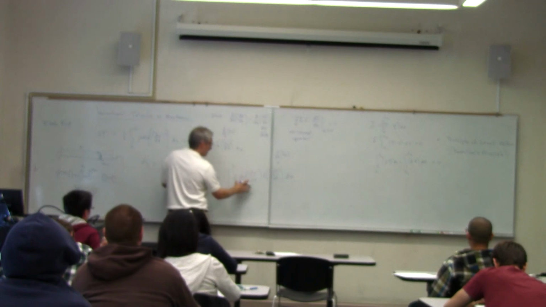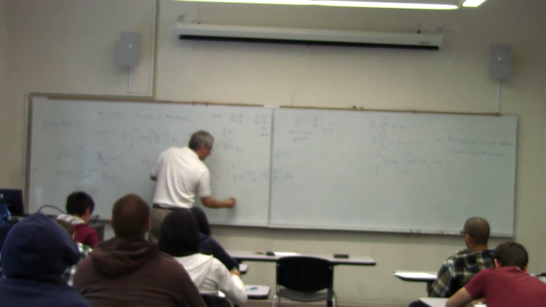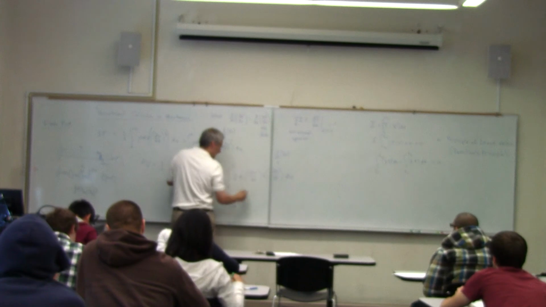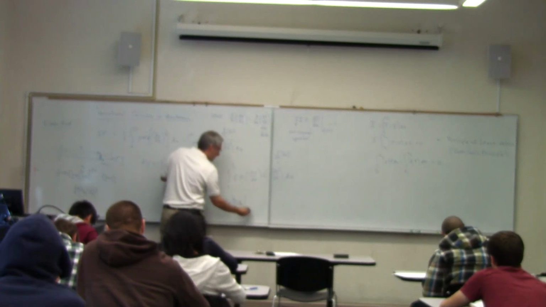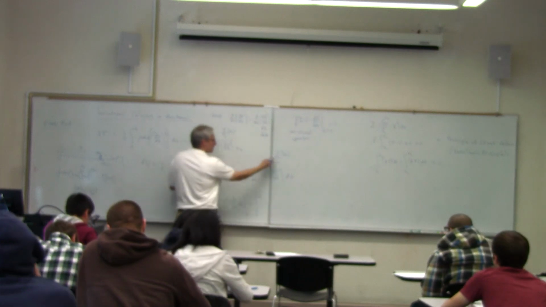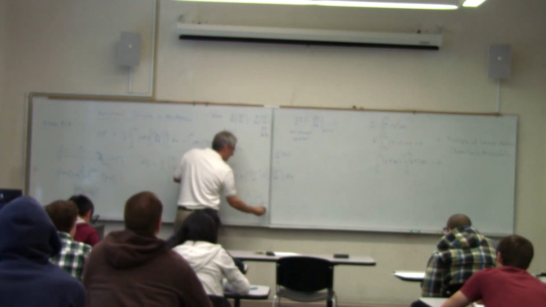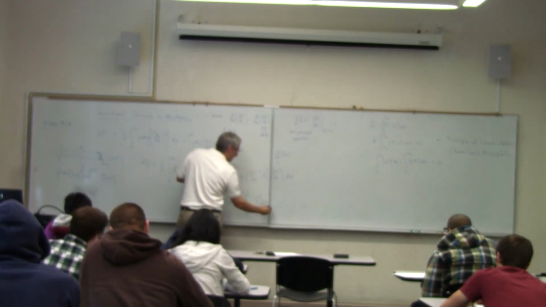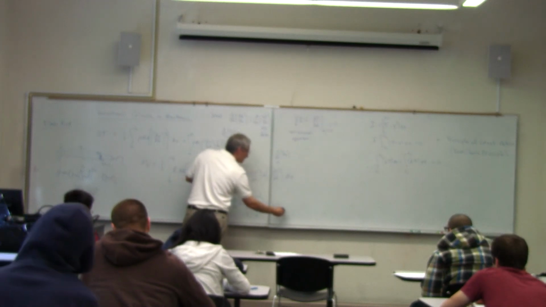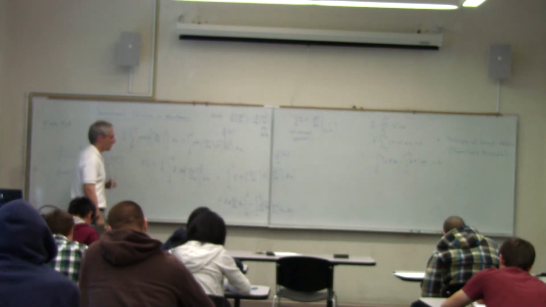So this is going to be EA partial u partial x, so it's going to be the first times the delta evaluated from 0 to L, minus the integral from 0 to L. Now I'm going to transfer the derivative over to here. It's going to be partial with respect to x of EA partial u partial x times delta u dx. Okay, so that's integration by parts.